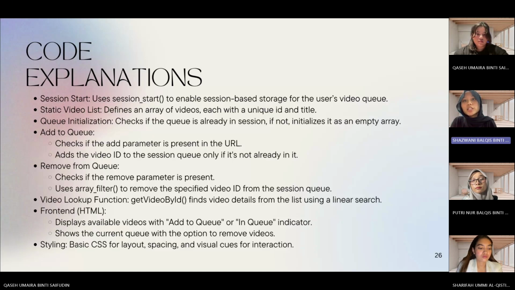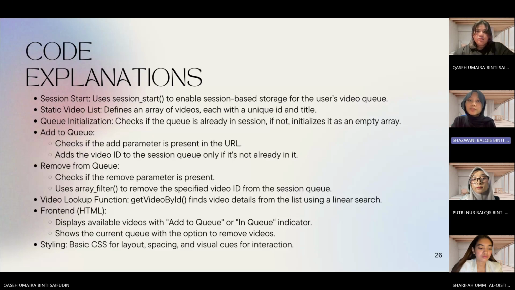Add to queue: check if the add parameter is present in the URL, and add the video ID to the session queue only if it's not already in it, so it will not repeatedly put in the same one. Remove from queue: check if the remove parameter is present, and use array_filter to remove the specified video ID from the session queue.